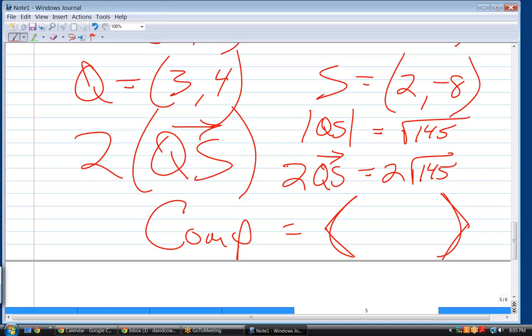What do we do? 2 minus 3? Uh-huh. Okay, so -1 and -12. Exactly. Notice that it has the same modulus as QS does, square root of 145, or the same magnitude rather. Also has the same slope. It's 12 over 1.